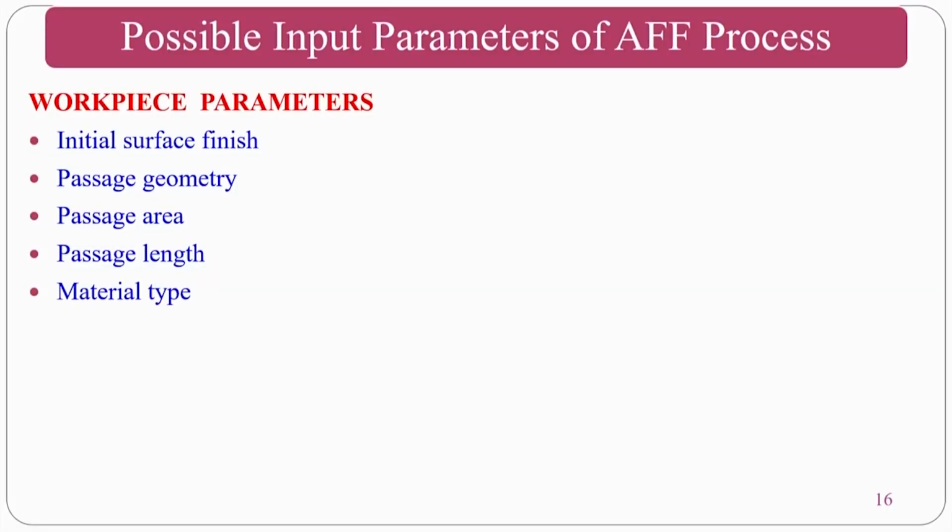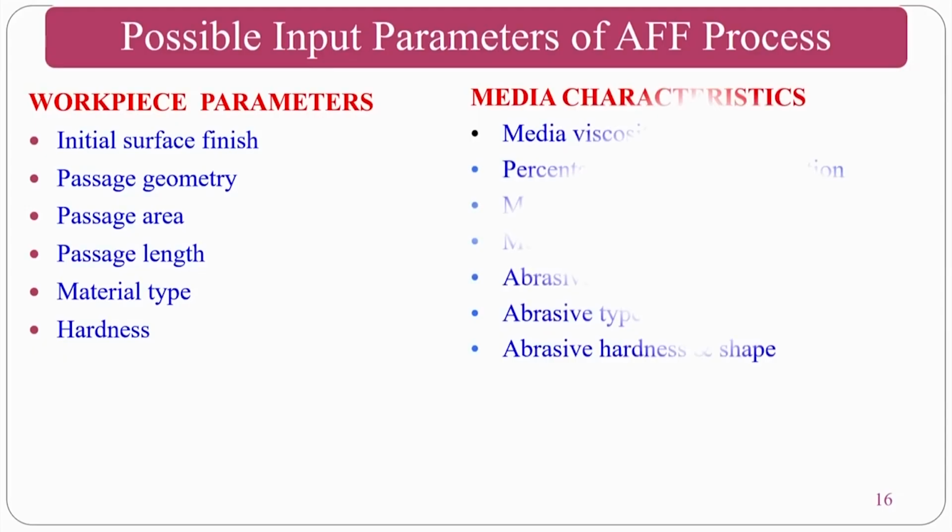Material type: if the material is ductile, material removal will be very good. If the material is too hard, it will take more and more abrasive cycles. So if the hardness is more, you have to go for harder abrasive particles, and you can get the surface roughness as per your requirement.